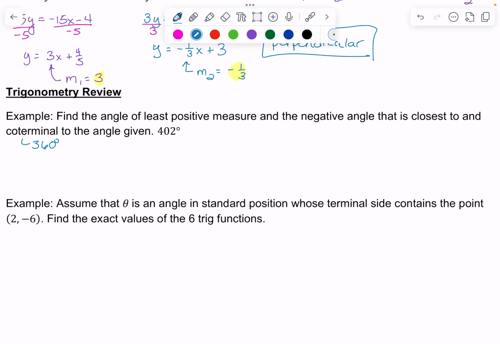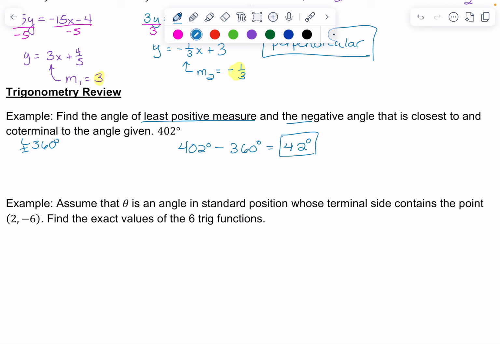So what I'm thinking is doing a plus or a minus of 360 degrees. Let's start with our first one. We're going to get 402 degrees minus 360 degrees. And what you should get is 42 degrees. This is my smallest positive angle, so this is my angle of least positive measure.